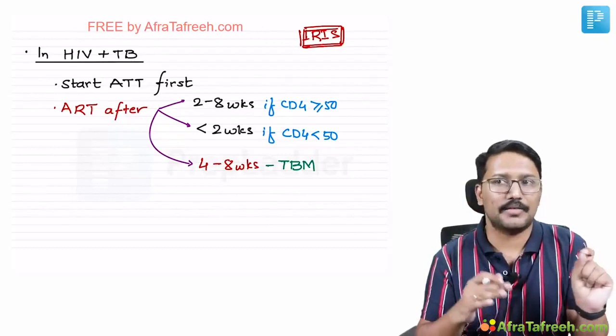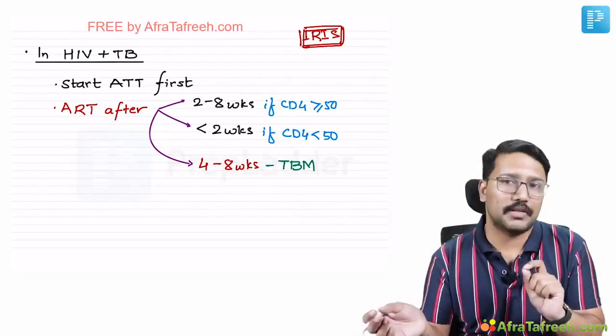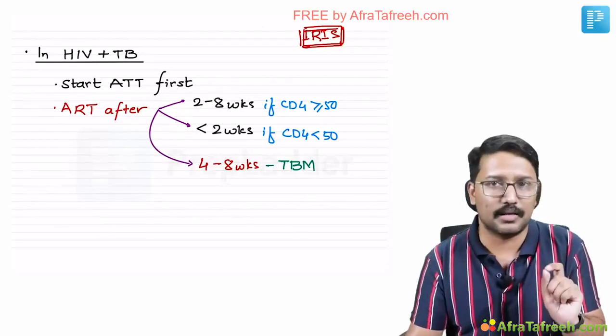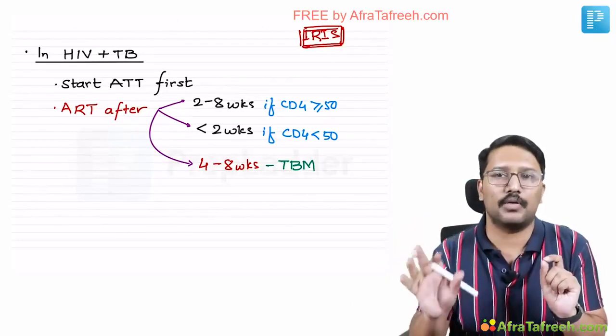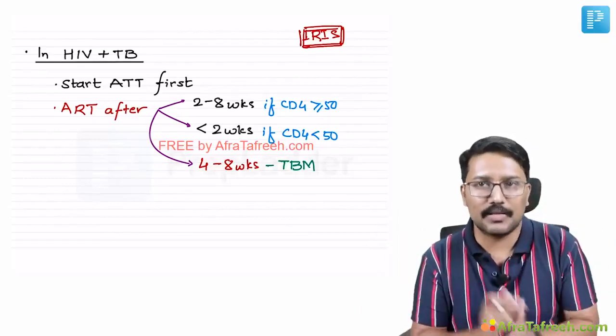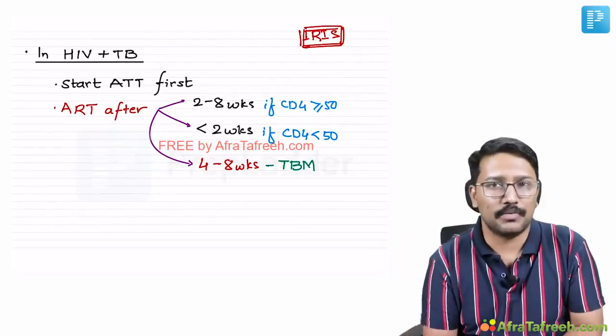When it is less than 50, other opportunistic infections can kill the patient. If not tuberculosis, if not IRIS, other opportunistic infections can kill, right? So when the CD4 count is less than 50, we need to balance things out. But when it is more than 50, 2 to 8 weeks is the time that you can wait for initiation of ART.